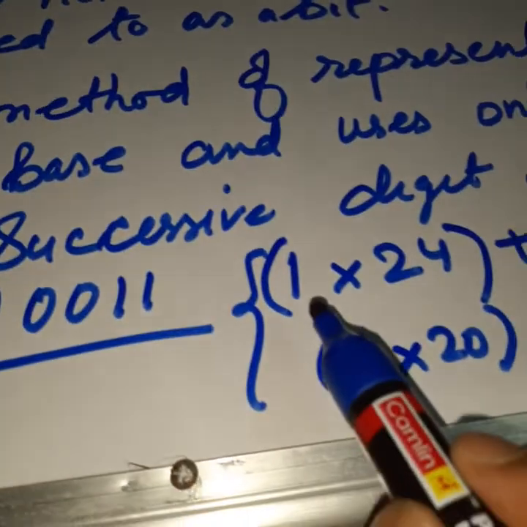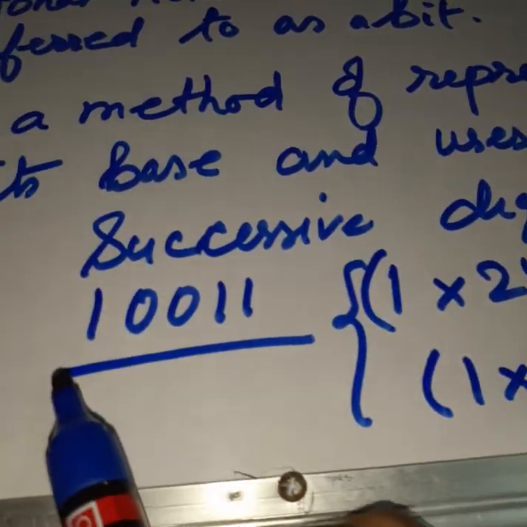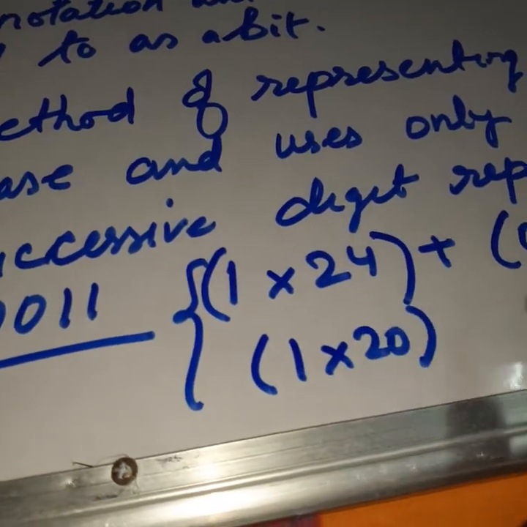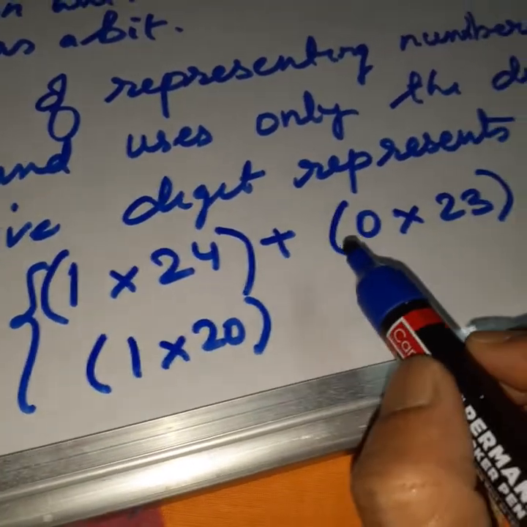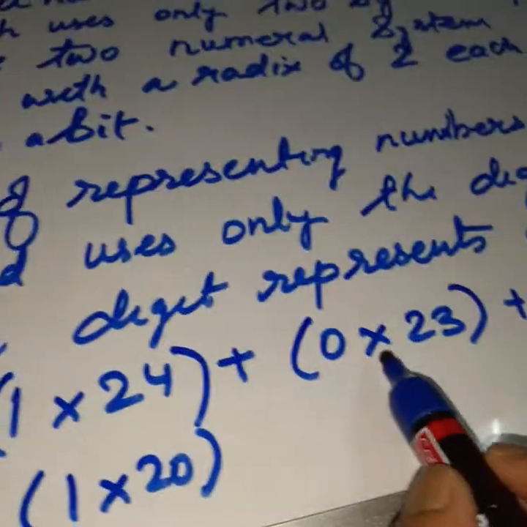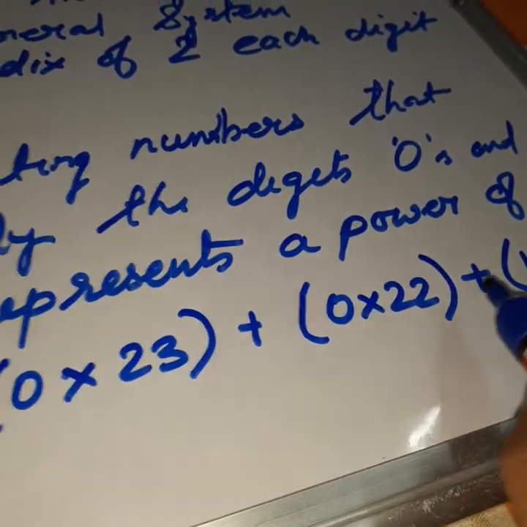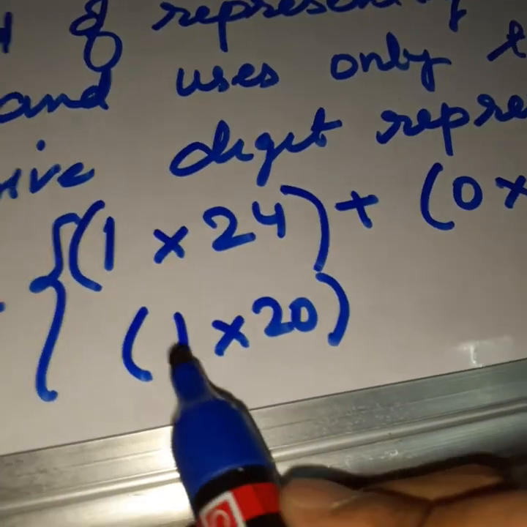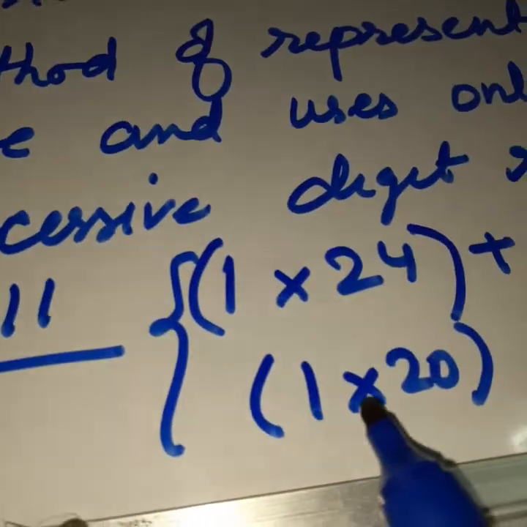Now it is representing as 1 into 2^4, the first digit. Now the power is decreasing: 1 into 2^4 plus 0 into 2^3 plus 0 into 2^2 plus 1 into 2^1 plus 1 into 2^0.